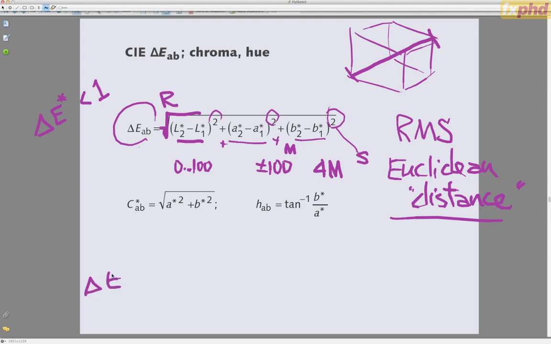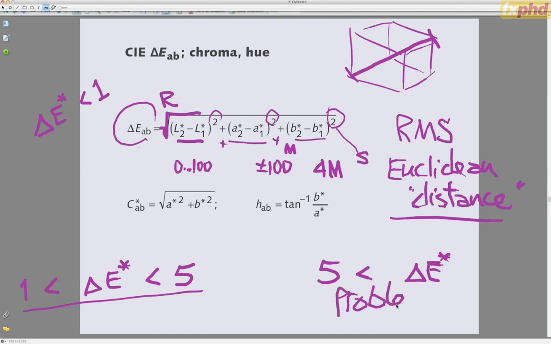Now, if delta E star is somewhere between, let's say, 1 and 5, maybe you can see it, maybe you can't. It depends where you are in color space. And if 5 is less than delta E star, or in other words, delta E star is bigger than 5, that's a problem. That color shift is so large, it's very likely to be noticeable.